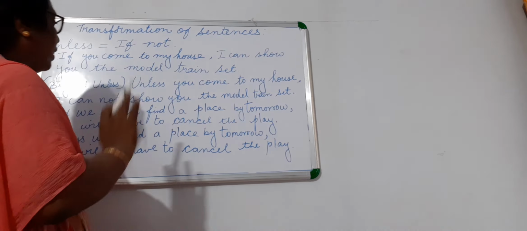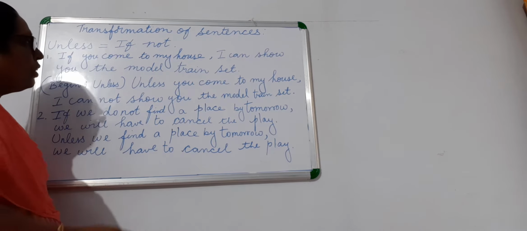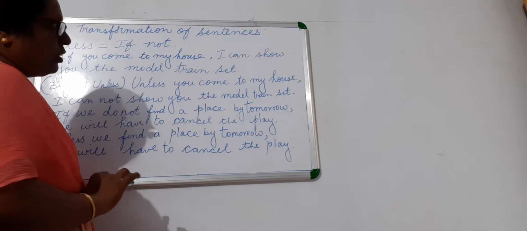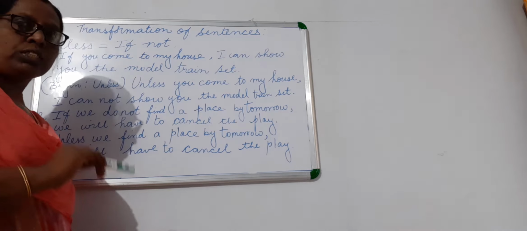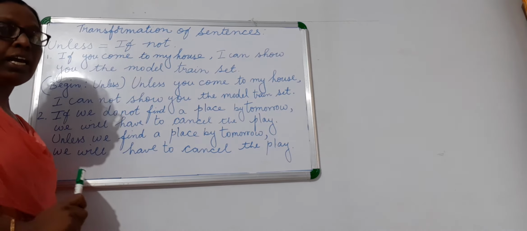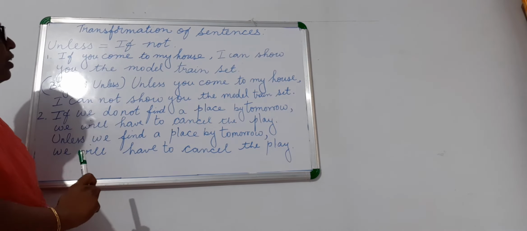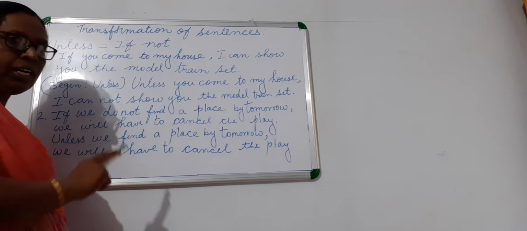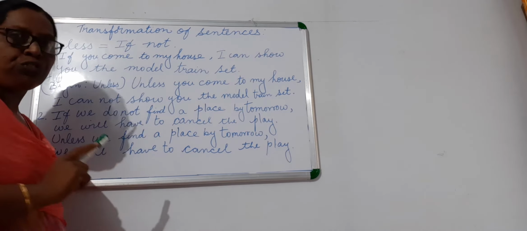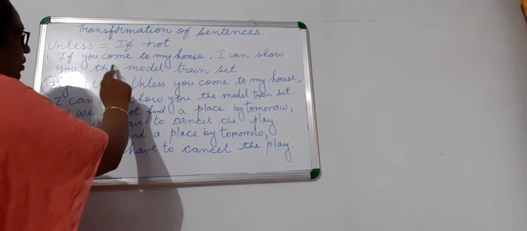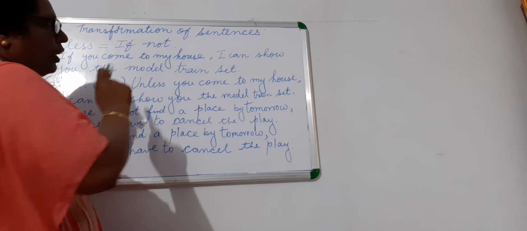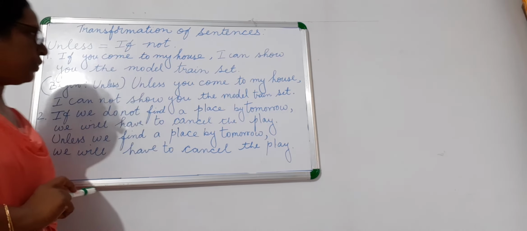You have completely changed the meaning. Then there is no mark for that. So before you use unless, you should understand it very clearly. Wherever you are using unless, it means if not. And you will see in the sentence, if there is no negative, you will use a negative there.